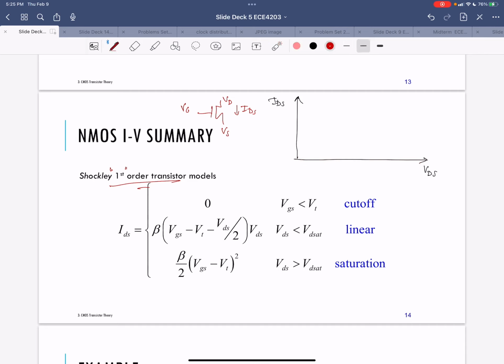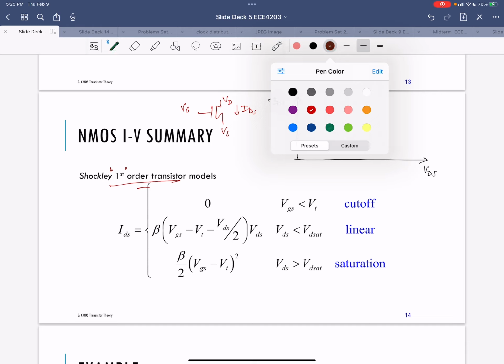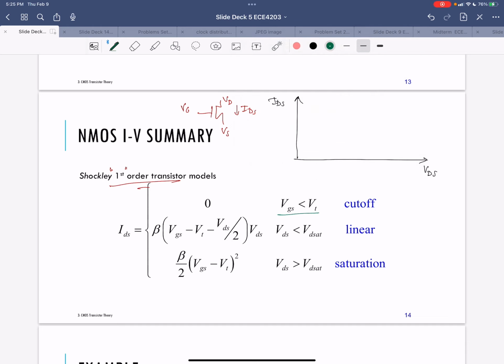So as long as my gate source voltage is below the threshold, say for example VT is 300 millivolts, then if VGS is less than 300 millivolts, this gives me a family of curves all lying on top of each other, all at IDS equal to 0.